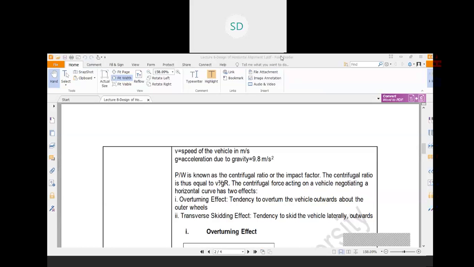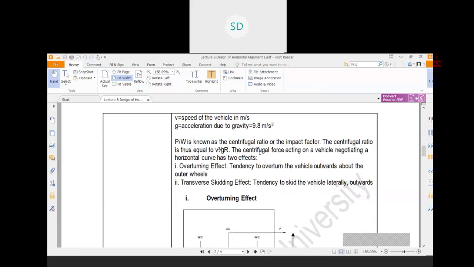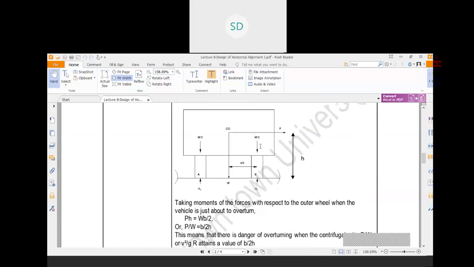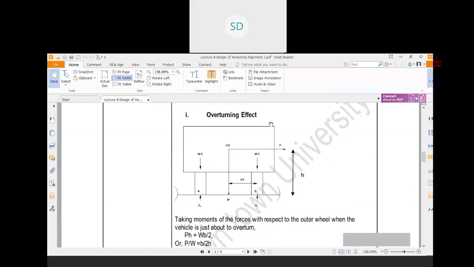Overturning effect means there is a tendency to overturn the vehicle outwards about the outer wheels because of the centrifugal force. Transverse skidding effect is the tendency to skid in the lateral direction outwards because of the centrifugal force. Now let us discuss this overturning effect and transverse skidding effect. Suppose this is the vehicle. Here these are the two tires of the vehicle, A and B.